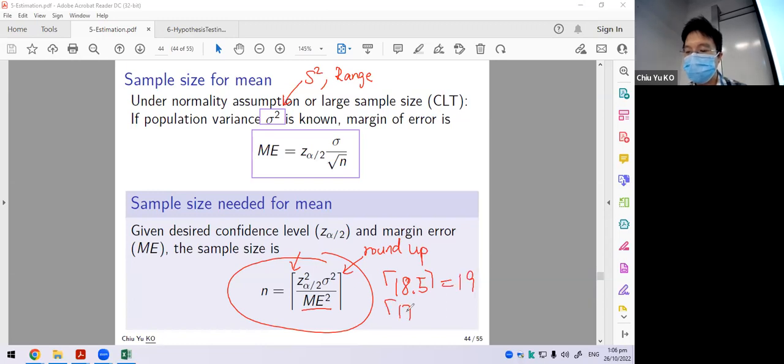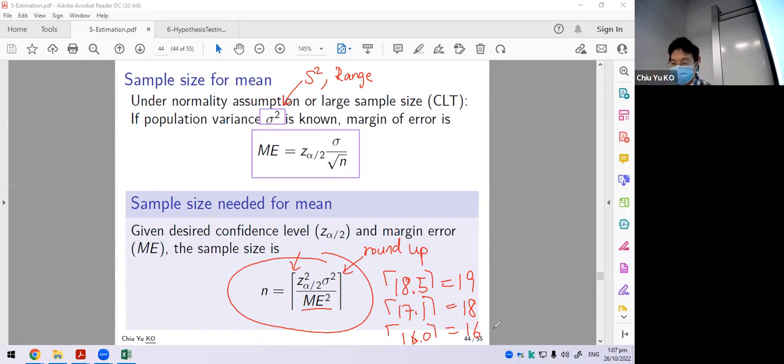If it's 17.1, it still gives you 18. If it's only 16.0, they will give you 16. Always add 1 unless everything behind is 0. That's the smallest integer that is bigger than the number. This is the rounding up.